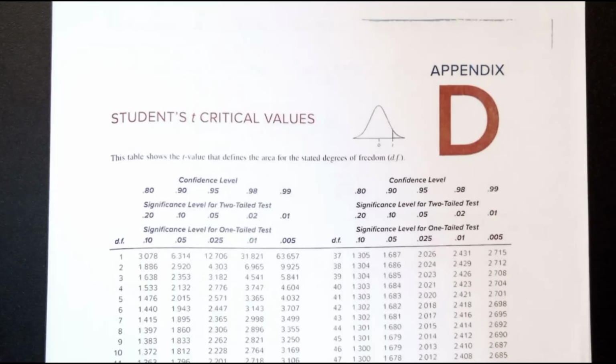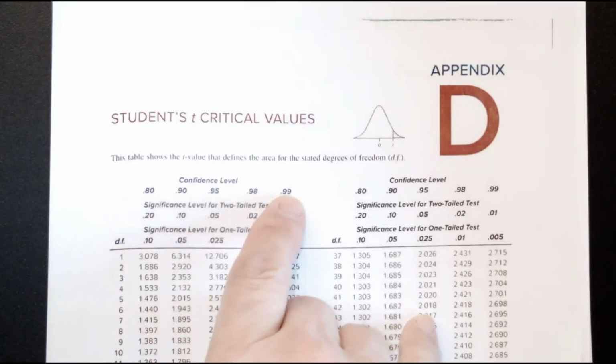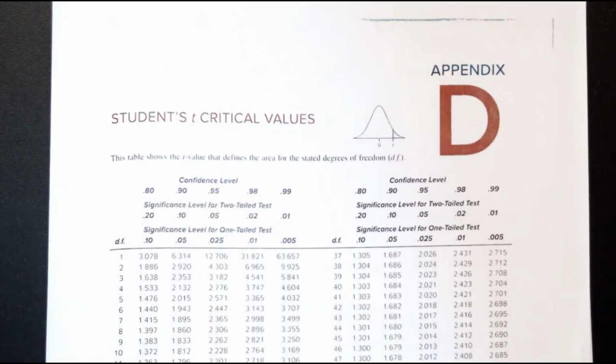And notice, here are our confidence levels. So if I know how confident I want to be, then I know my degrees of freedom. I can look up the appropriate t-value. So if I'm working with this class, there are 18 of you. If I consider you the population of this course, I'll have to use a t.